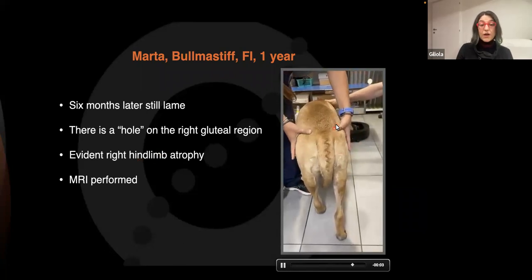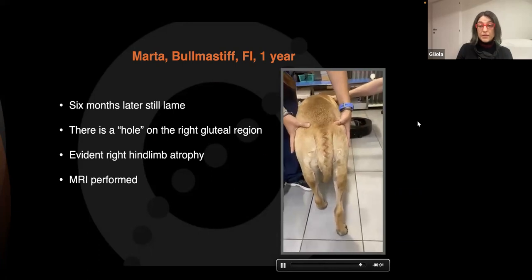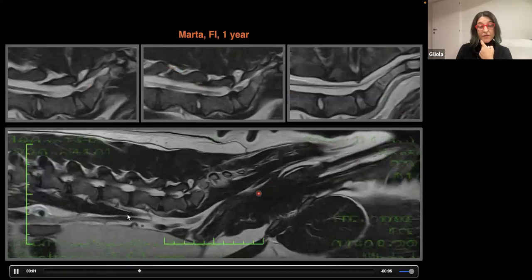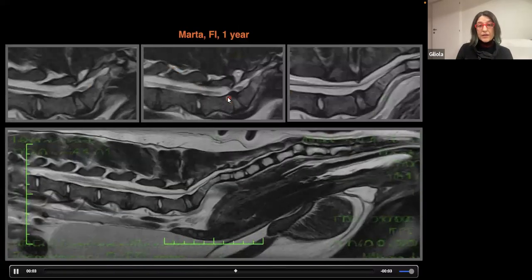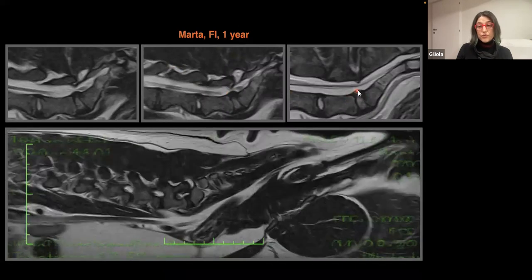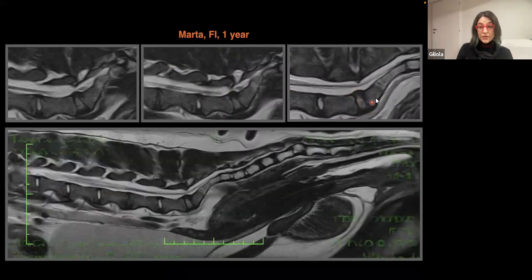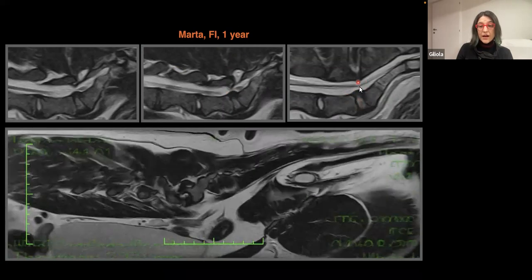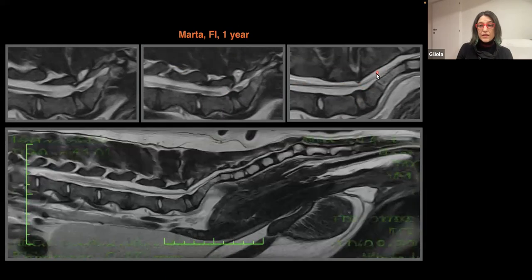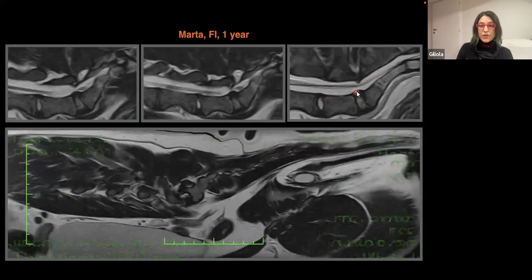They were thinking of a neurological problem, and they did perform an MRI. This is a short abstract of the MRI. While for being such a young dog, there is a little bit of protrusion of the disc between L7 and S1 with narrowing of the space of the nerve. This is the nerve, and the white part is fluid and fat.